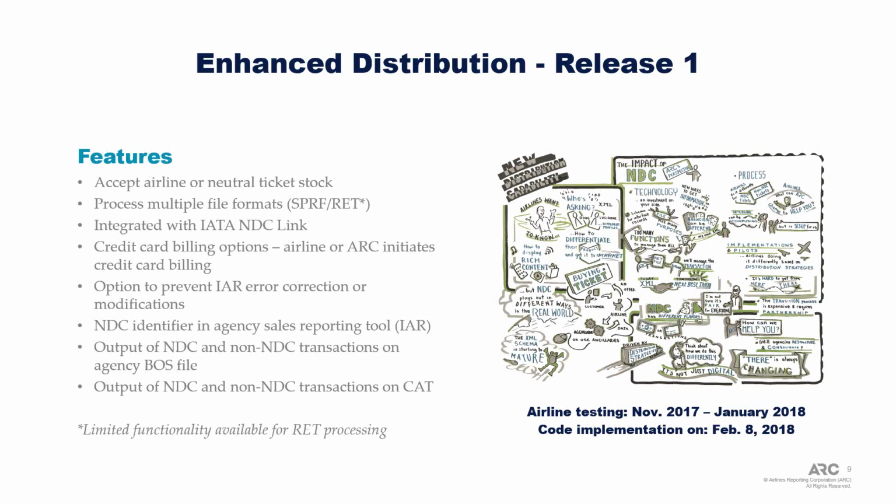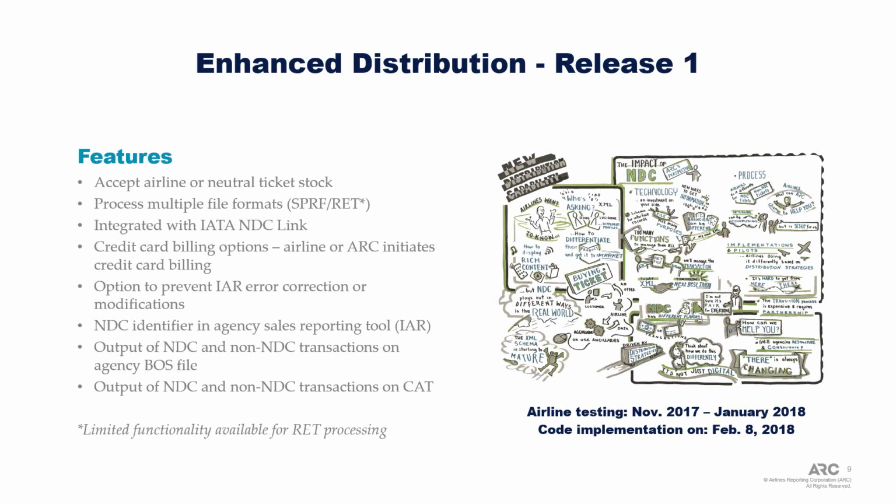So now let's talk about the enhancements we just made. So we've been doing some testing from last November to this January. Our code implemented very recently on February the 8th to support a variety of NDC models. And what that means is that for the airline and the agency that want to and choose to enter into kind of setting up NDC, we will be able to accept those NDC transactions on airline or neutral ticket stock.